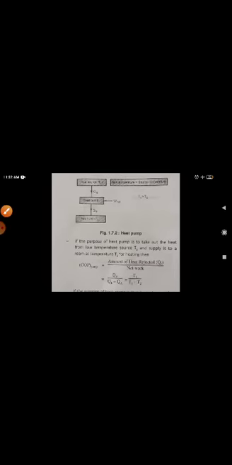Okay, let's see the derivation for the coefficient of performance of the heat pump. For engines, efficiency is the measure of performance, and here the coefficient of performance, that is COP, is the performance of the heat pump. If the purpose of the heat pump is to take out heat from low temperature T2 and supply it to a room at temperature T1 for heating, then COP of the pump is equal to the amount of heat rejected, that is QR, upon net work. Net work is QR minus QA, so COP equals T1 upon T1 minus T2.